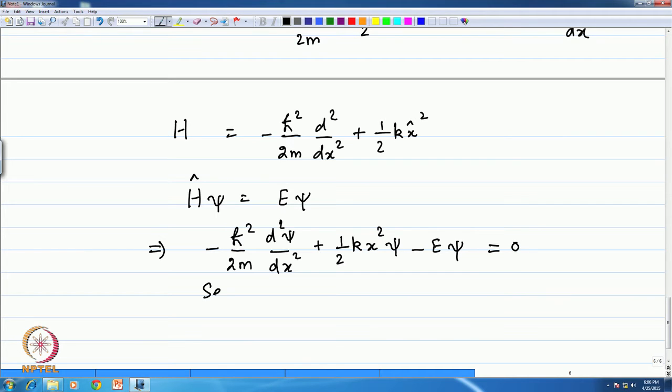So, a second order linear differential equation.